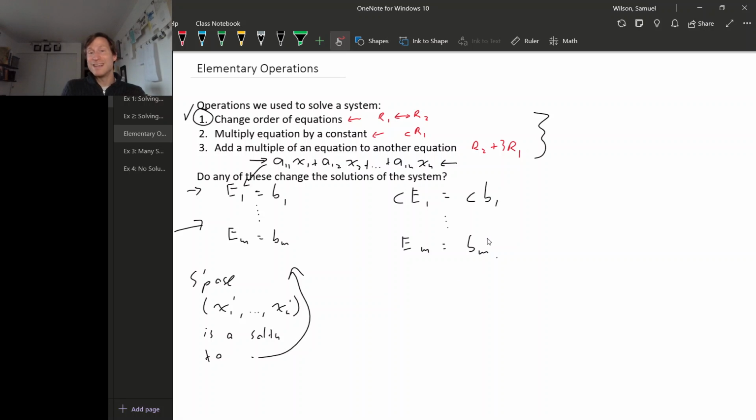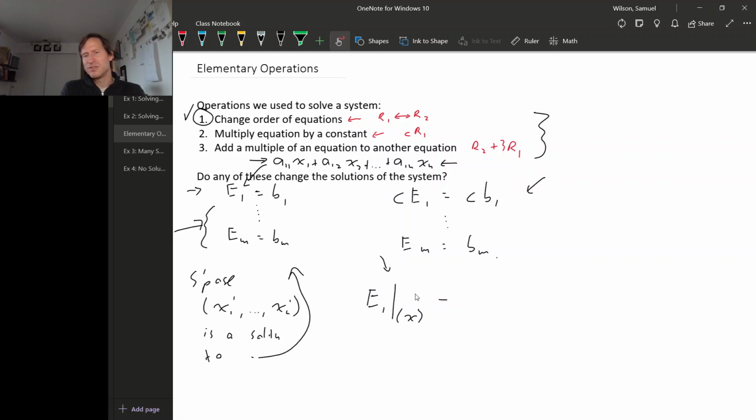We need to know, is it a solution to this system? So if we plug all of these x's into these equations, it makes them true, right? So if we take E sub 1 and we plug in all of our x's, this will be my notation for plugging in all of the x's.